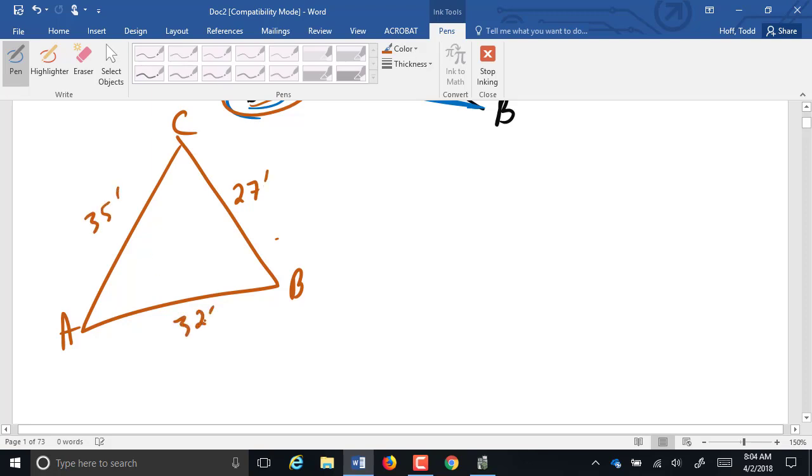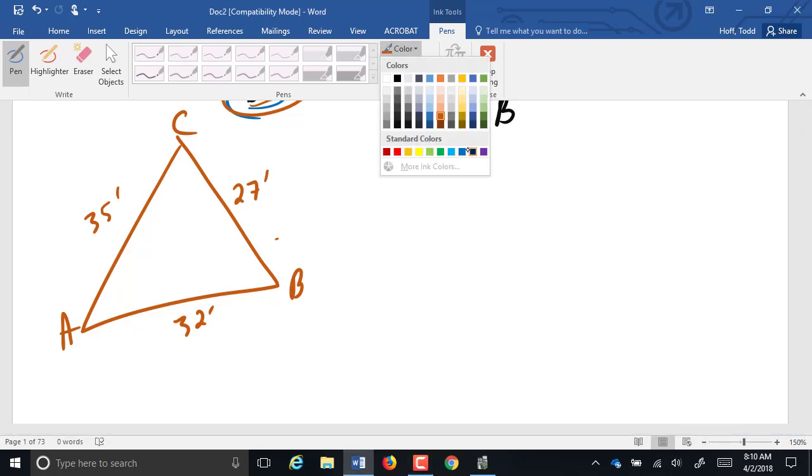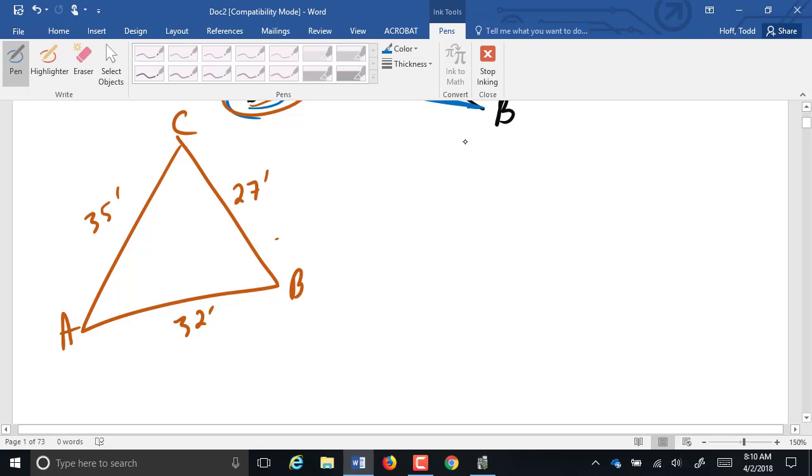How about we try this one? Find the angles. Pick an angle, any angle. A. So that means it's going to be 27 squared equals 32 squared plus 35 squared minus 2 times 32 times 35 times the cosine of angle A. Those are times, by the way.